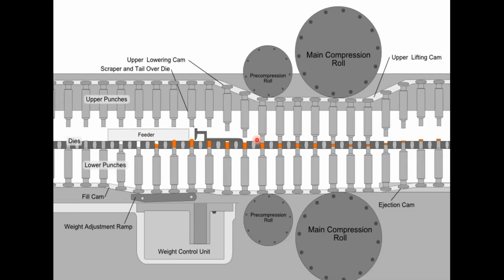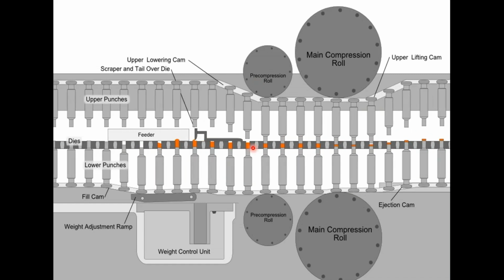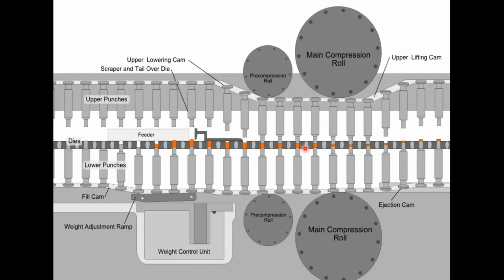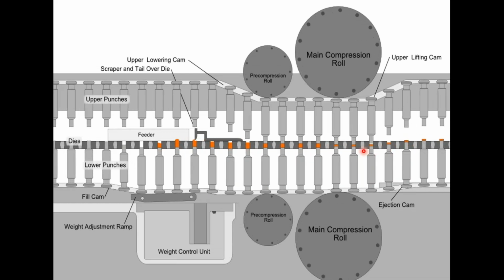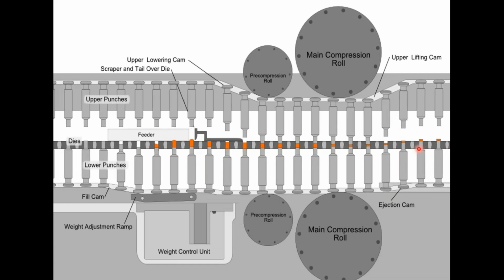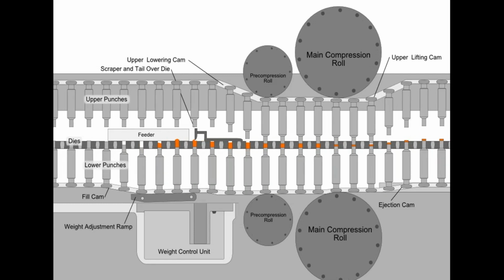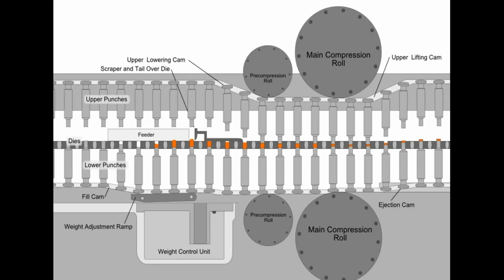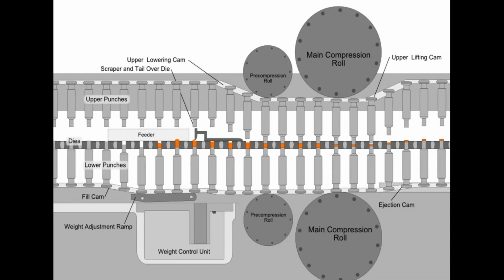We then have an upper and a lower press or punch, and we first start with a pre-compression, making sure that the tablets are pre-densified, and then we apply more pressure over here in the main compression roll, and we end up with a small tablet which is then ejected and sent out of the machine into a storage area.